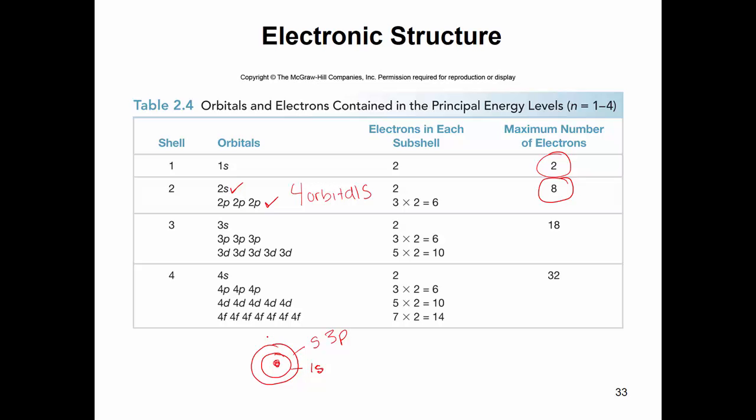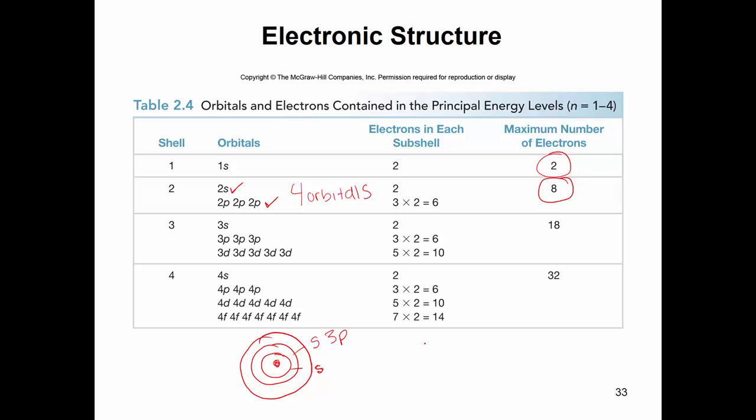For the third energy level, we're going to stop here since we don't typically go much further than that in this course. We have an s orbital, which we call the 3s, and 3 p orbitals. And if you remember back at the slide, we talked about d orbitals, which have 5 orbitals associated with them.